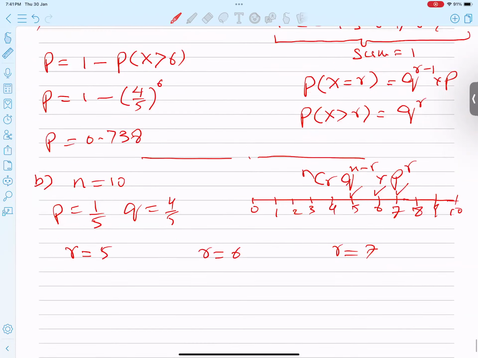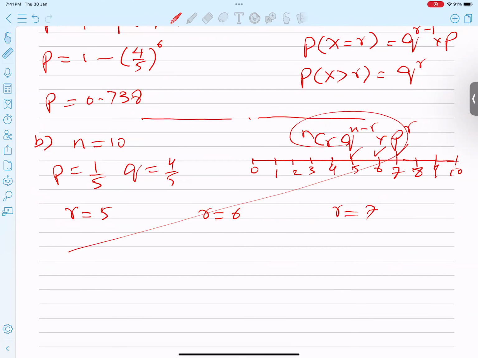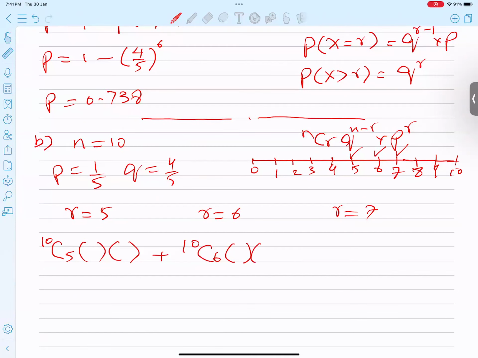I will use the binomial formula, and I think this formula is clear. The answer is 10C5 in two brackets, plus 10C6 in two brackets, plus 10C7 in two brackets. In each first bracket we get a q value, and p goes in the second bracket, to avoid mix-up.